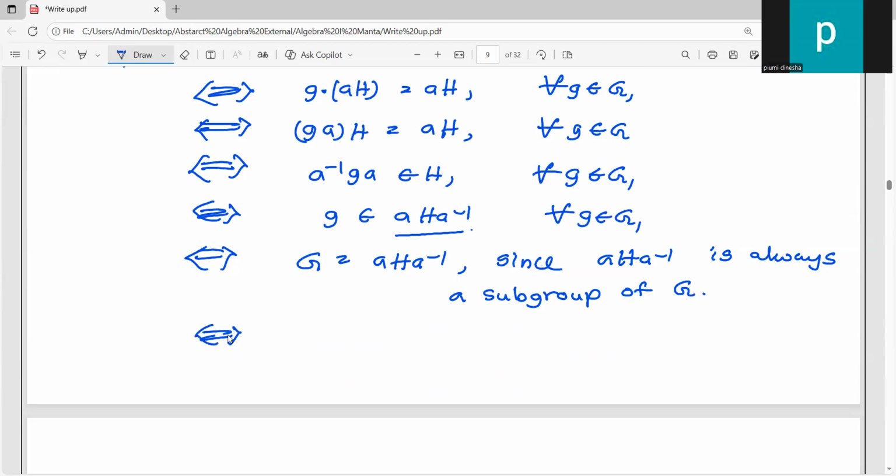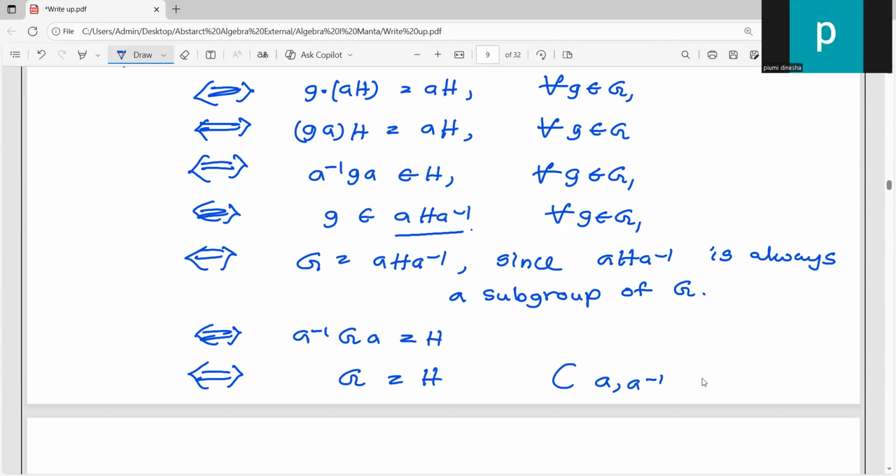Now what do we do? We take multiplication by a inverse on the left and by a on the right, to see that a inverse Ga is equal to H, right? Now this tells you that G is equal to H. Why is that?